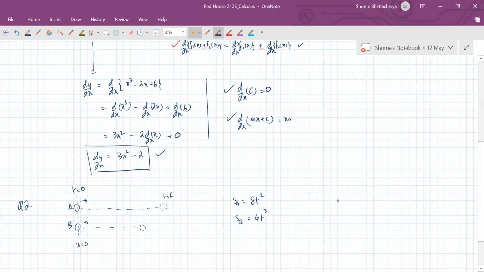If you understand this, what's happening is that, for example, at t equal to 1 second, A has covered a distance of 8 meters, B has covered a distance of only 4 meters.